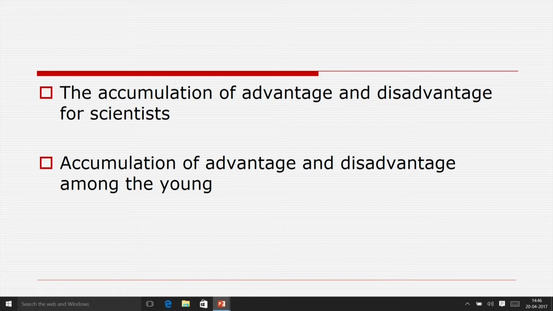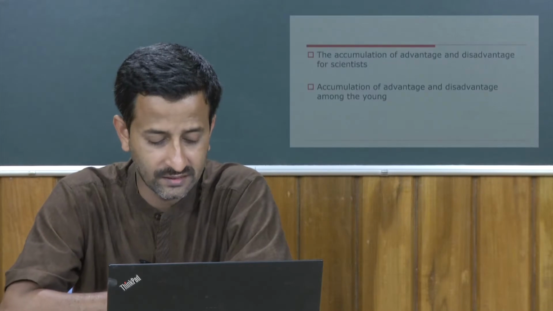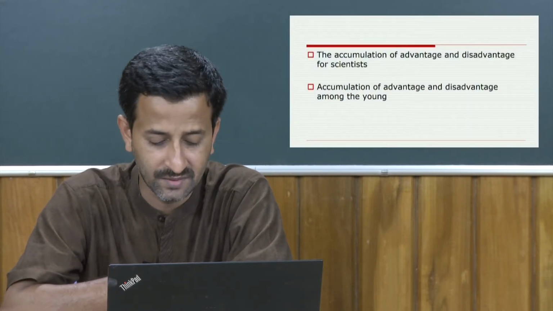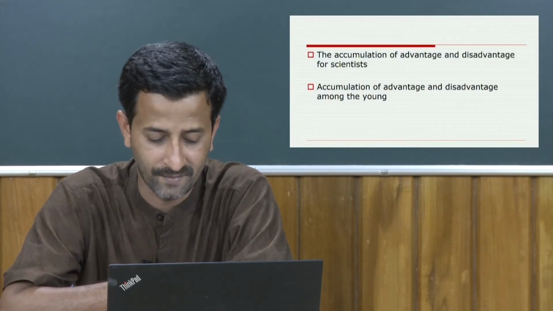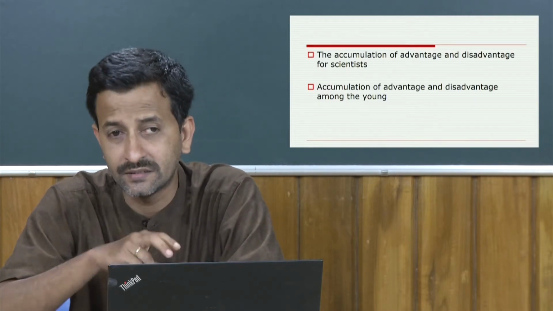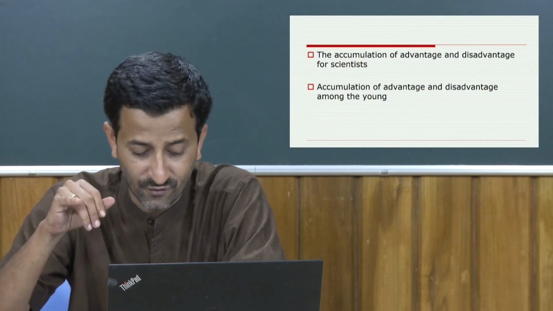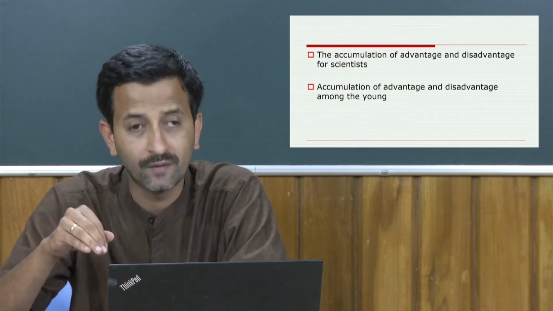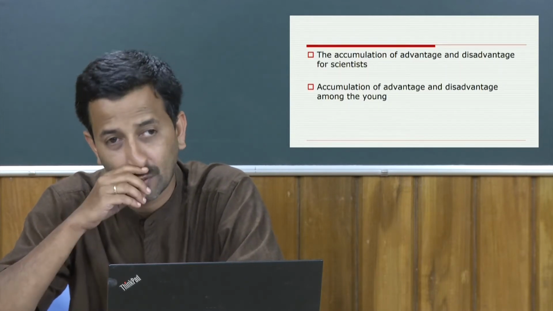Further investigation of the process of cumulative advantage took hold in the later 1960s with the formation of a research quartet at Columbia, consisting of Harriet Zuckerman, Stephen Cole, Jonathan R. Cole and Robert King Merton. Okay?